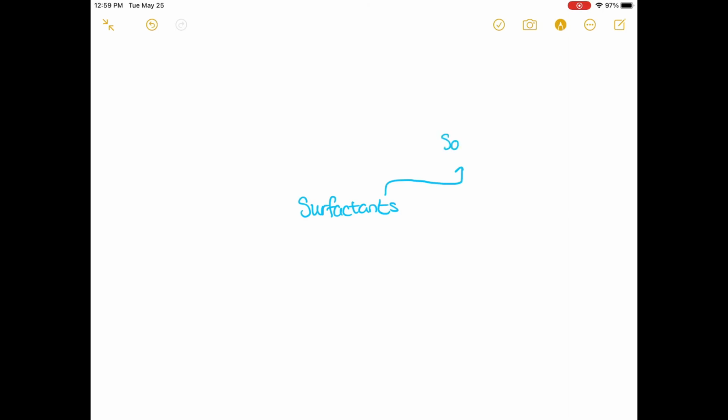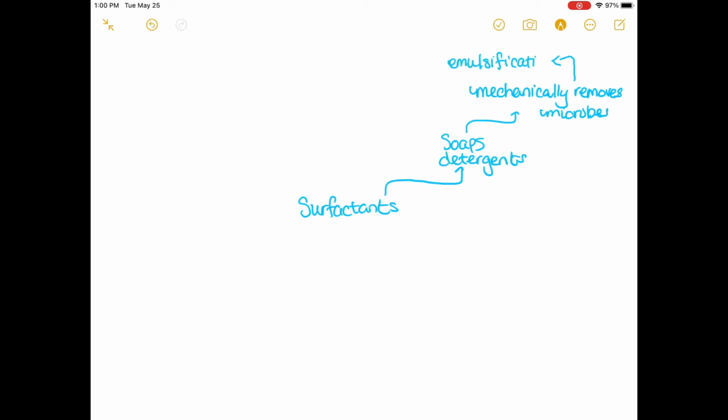Surface active agents or surfactants. Soaps and detergents are able to remove microbes mechanically through scrubbing, and this process is called emulsification. Acid anionic sanitizers aid in cleansing food processing facilities.